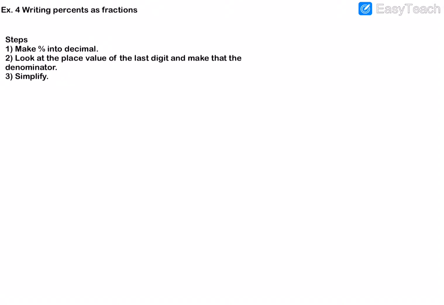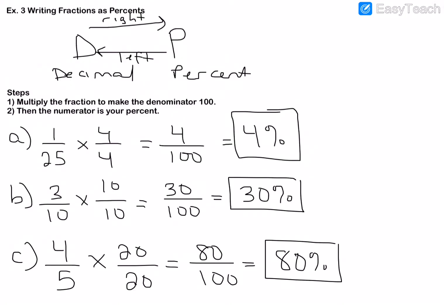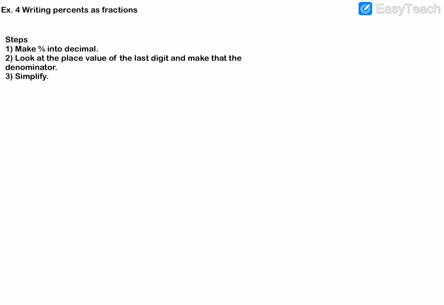If you remember, to make a percent into a decimal, I move my decimal place to the left. Then I look at the place value of the last digit of my decimal, and I make that my denominator. I will show you what that looks like in just a second.